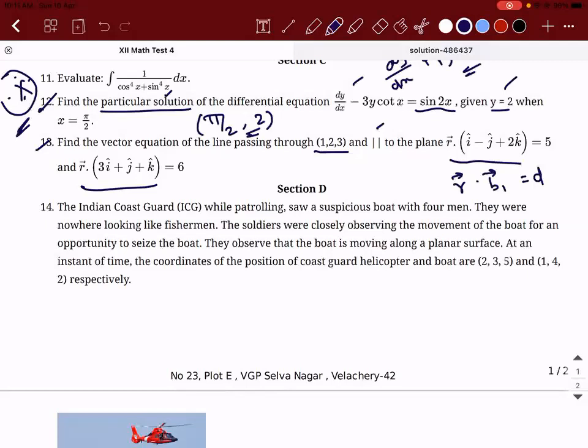And the second one is r vector dot b2 vector is equal to capital D. The general equation of the plane is r vector dot n cap is equal to small d. But here it is not n cap because it is not a unit vector; magnitude is not equal to 1. Here also the magnitude is not 1.